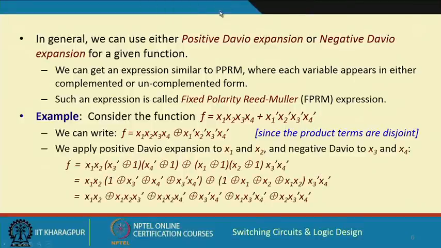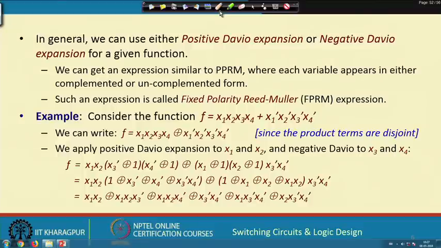Now, let us look at the steps of expansion. Now, what we are doing? We are wanting x1 and x2 to be in the uncomplemented form and x3 and x4 in the complemented form. So, what we do? For the first term, because x1 x2 are already uncomplemented, we leave them as it is, but x3 x4 you want in complemented form.